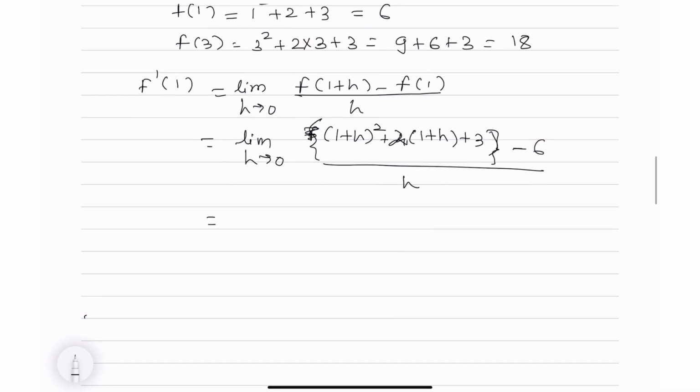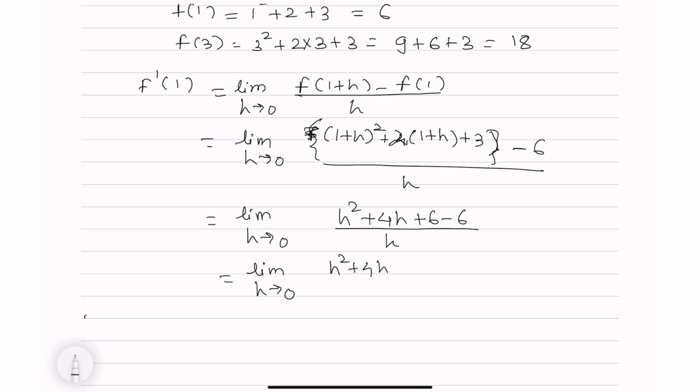So we get here limit h tends to 0 of h square plus 4h plus 6 minus 6 divided by h. So limit h tends to 0 of h square plus 4h upon h.